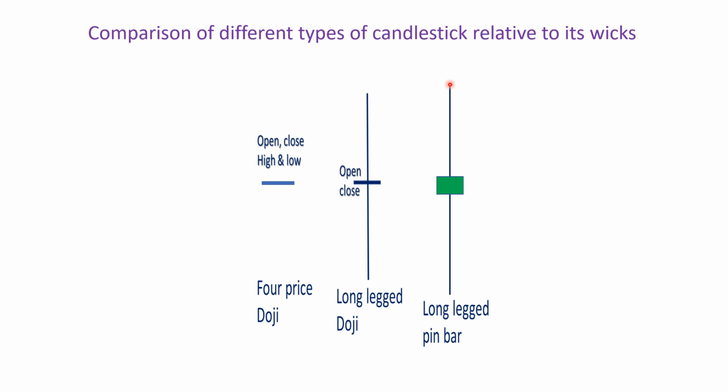And again, it gets rejected by the sellers and the sellers push the price down and it closes here. Since open and close are almost at the same place, this is what they call an indecision pin bar. The power of buyers and sellers is basically equal.